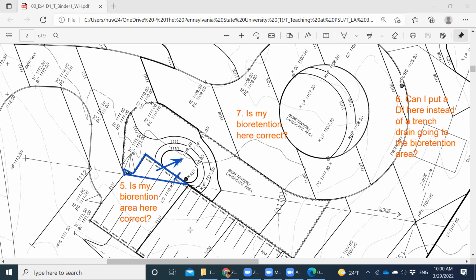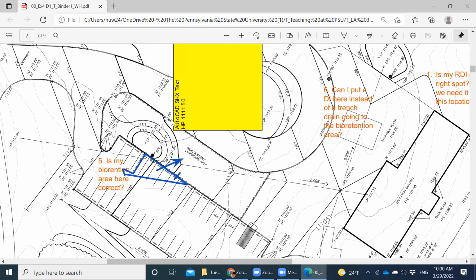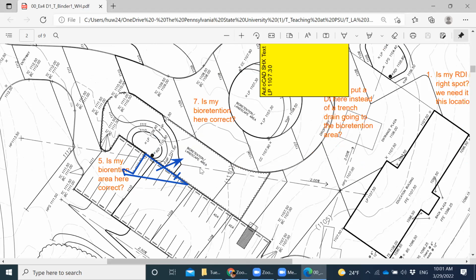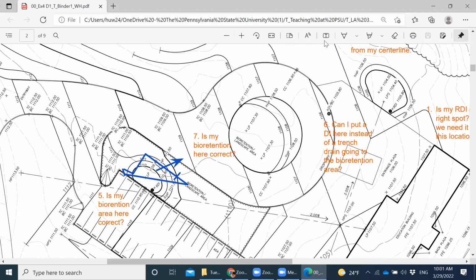Ideally, you would have contours like this, but at this point, I'm not advocating for changes because you have a pretty flat area on the north side. Yeah, this is pretty flat. You still will be able to fit in a lot of bioretention over there. So I'm not too concerned. Okay, I think that's it.